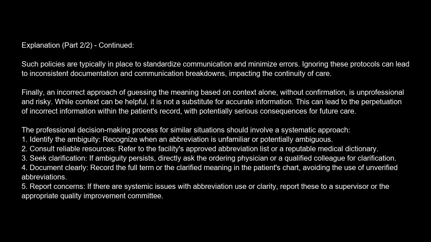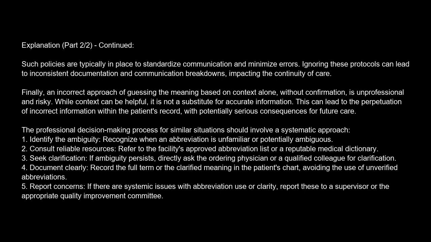The professional decision-making process for similar situations should involve a systematic approach. 1. Identify the ambiguity. Recognize when an abbreviation is unfamiliar or potentially ambiguous. 2. Consult reliable resources. Refer to the facility's approved abbreviation list or a reputable medical dictionary. 3. Seek clarification.